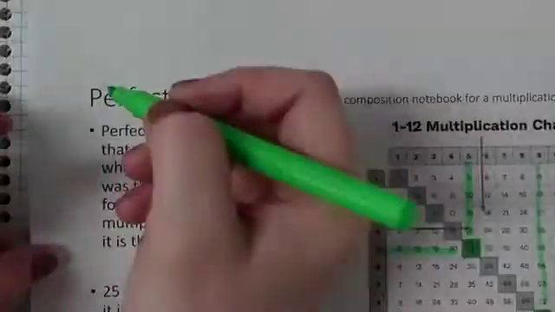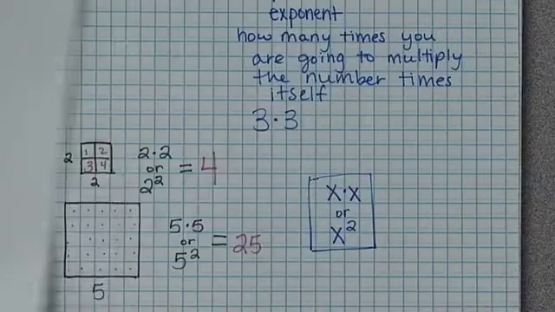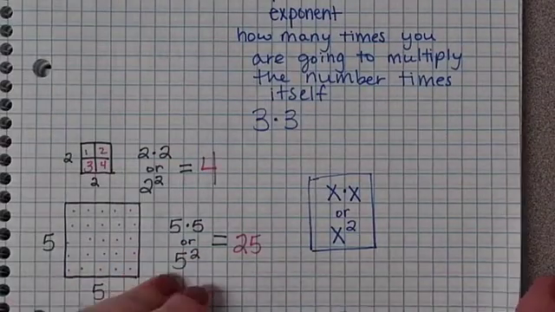So these are called perfect squares, and I'm going to write that out. So, perfect squares.